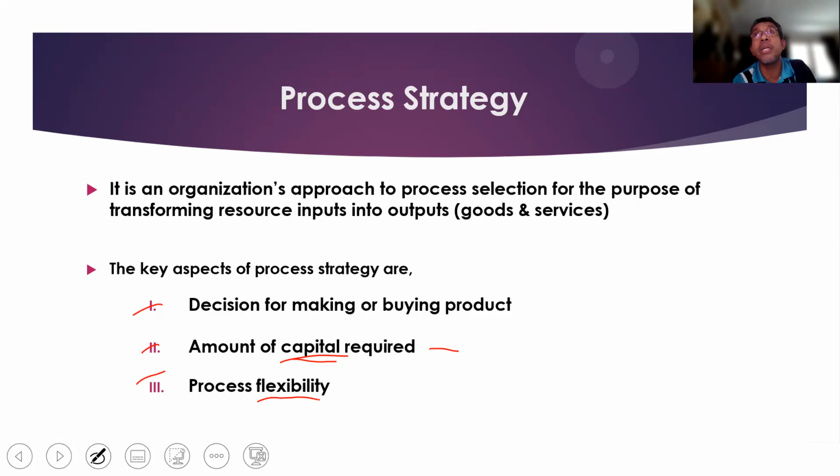When we have process flexibility and want to change a particular feature to compete with competitors, we can immediately do the process to produce that product, and then our product can sustain in the market.